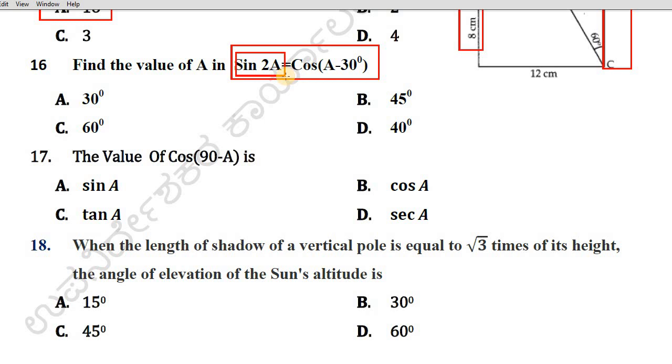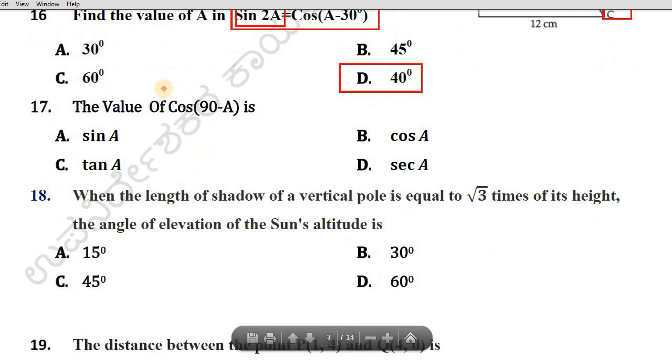So now left side what will be there? Cos 90 minus 2A will be there. And right hand side what will be there? Cos A minus 30 degree will be there. Both the sides cos will get cancelled. And left hand side 90 degree minus 2A, and right hand side we will be having A minus 30 degree. And simplify that. It gives A value is 40 degree. Option D is correct.